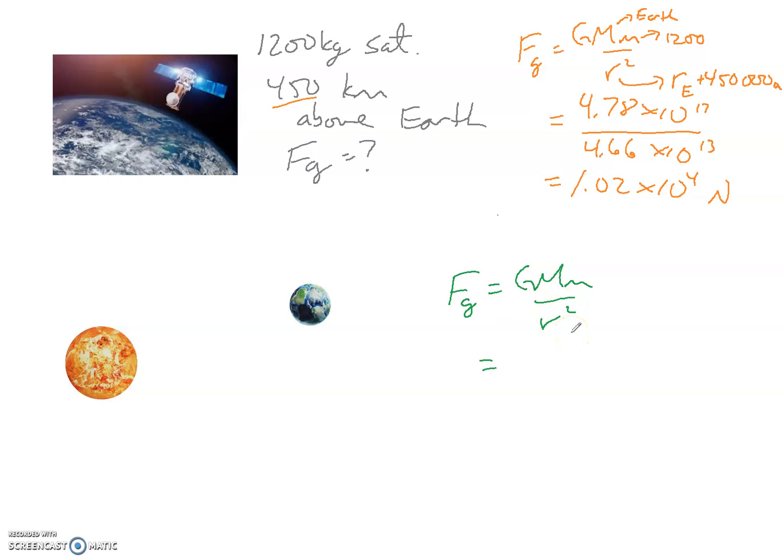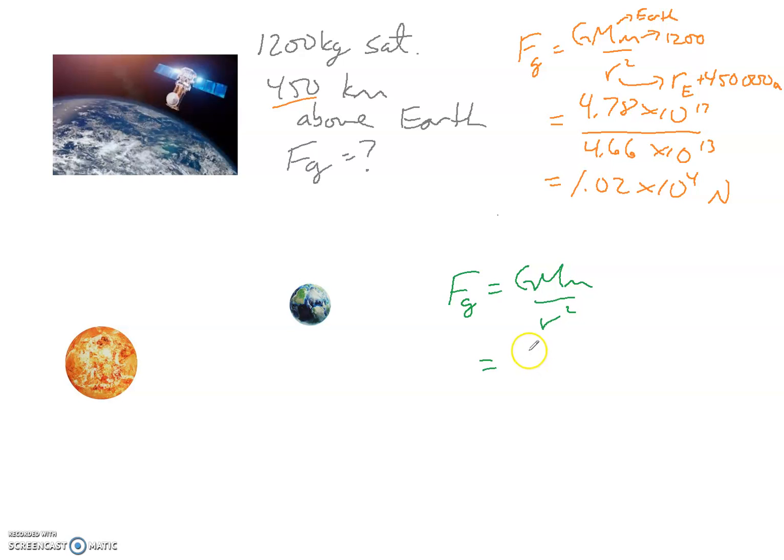Now the radius listed on your sheet and in your textbook should be from center of mass to center of mass. So we don't need to add anything to it, and even if we wanted to, the distance between these two is so great that the actual radii of the objects would be irrelevant. So we can just type in the G, the masses, multiply them out, and the radius between the two, square it, and everything should work out.